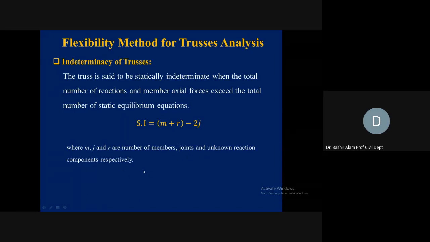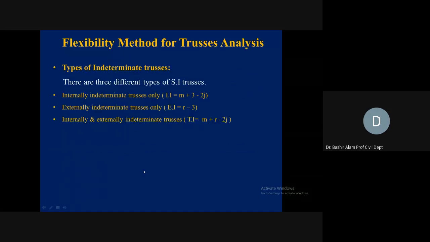Now, types of indeterminate trusses. There are three different types of statically indeterminate trusses. Internally indeterminate trusses: internal indeterminacy will be found from m plus 3 minus 2j.